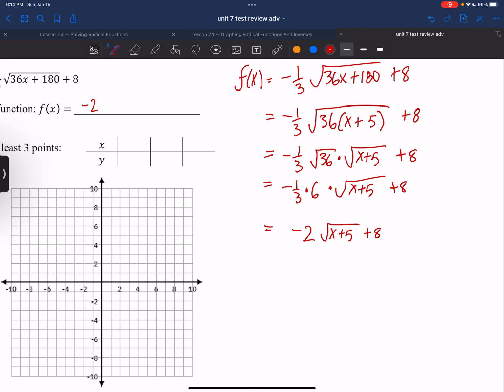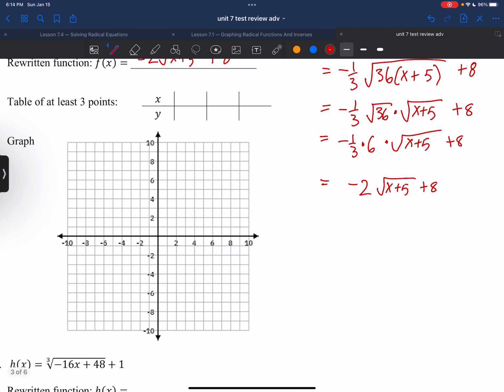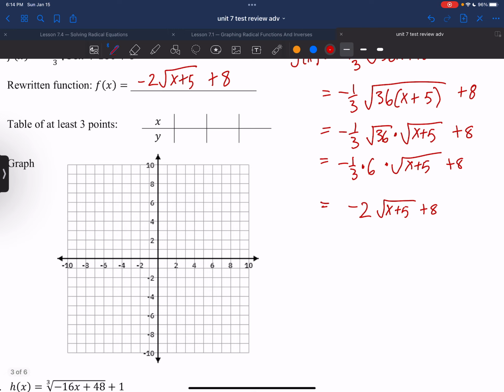I say negative 2 root x plus 5 plus 8. Done. Now what I have to do is plot my graph with at least 3 points and connect them smoothly such that it looks like the parent function I'm trying to graph. I'm going to write this in yellow so that it's nice.